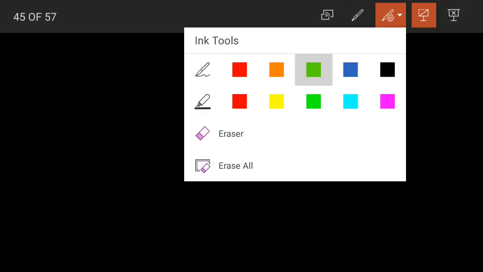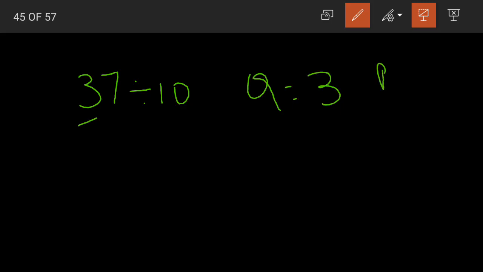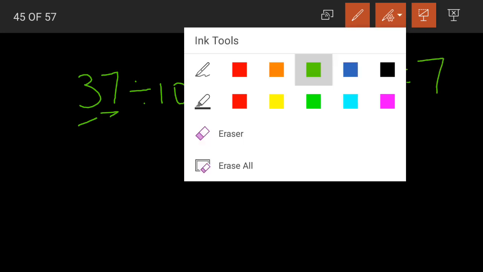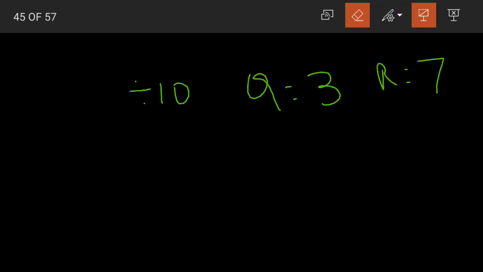Now if you remember division by 10, when we divide 37 by 10, what does the quotient become? 3 becomes our quotient and 7 becomes our remainder. Yes or no? So if I do not give the dividend and I give you the quotient and remainder, how can you write the dividend, children?